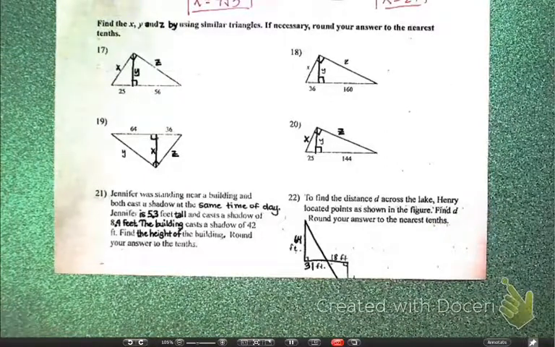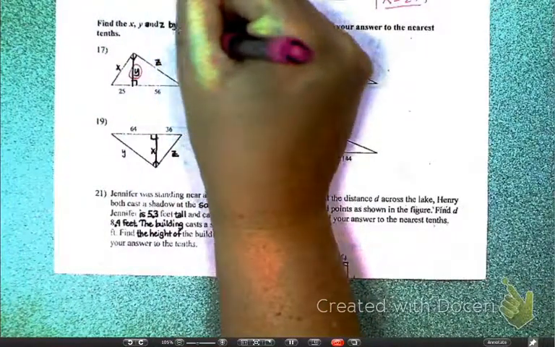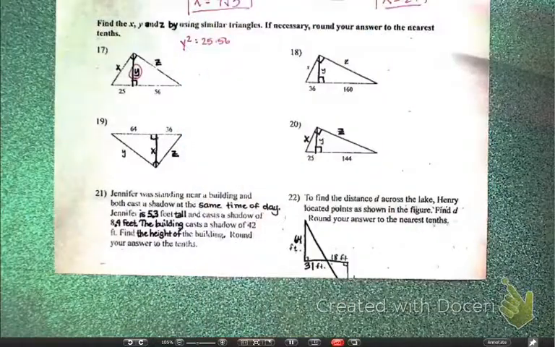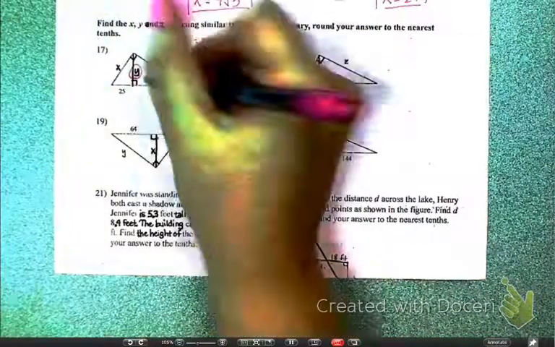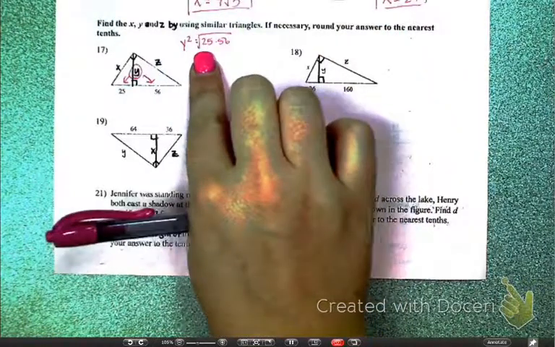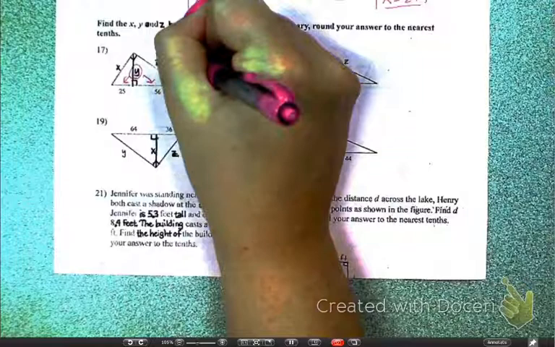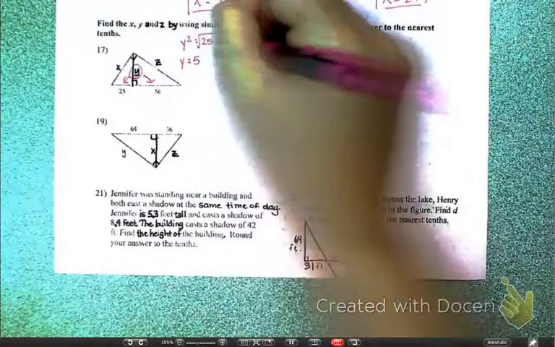Where should I start for number 17? The altitude. Okay, so y squared equals 25 times 56. Now, I know the square root of 25 is 5, so I'm just going to bring that 5 out and really just deal with this 56.